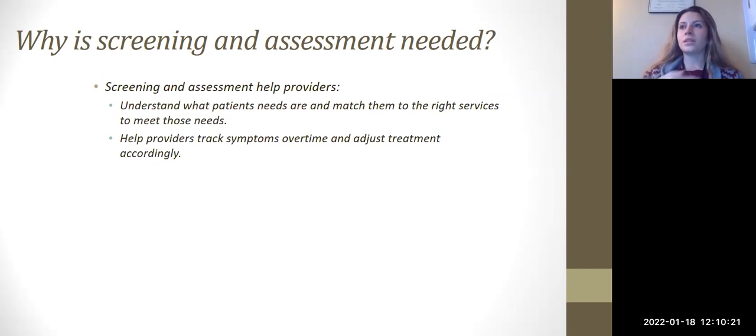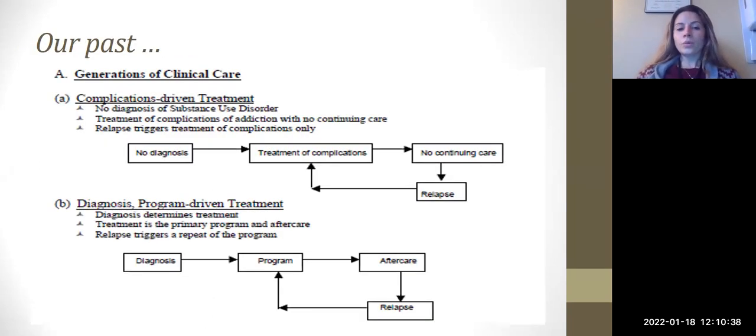So it helps us say, this is their baseline, and this is what we're seeing on an ongoing basis. And this is the score that tells us they can move into maintenance care, or their symptoms are in remission, and it helps us make decisions about termination or transfer. We have to understand that historically we have had a complications-driven or diagnosis problem-driven treatment approach.